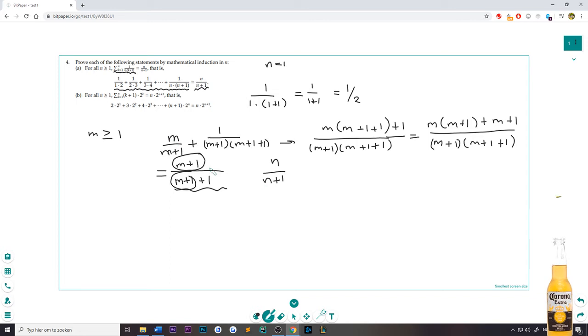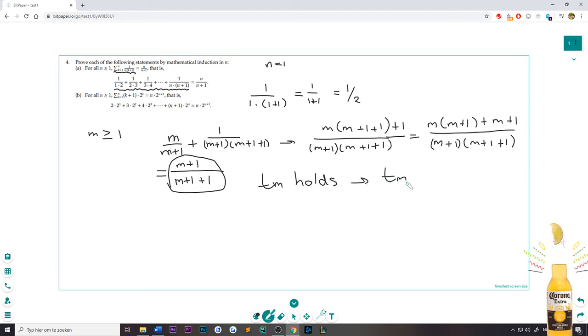And so basically what you've shown here, so just this part alone here, if you have this as your final answer, then now what you can say is that if, well, your formula T of m holds, then that implies that T of m plus 1 also holds. And I still know that's confusing.